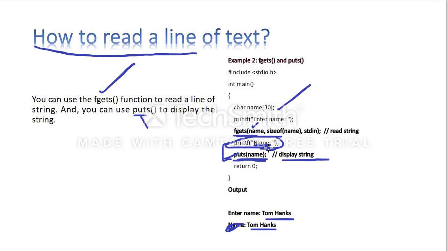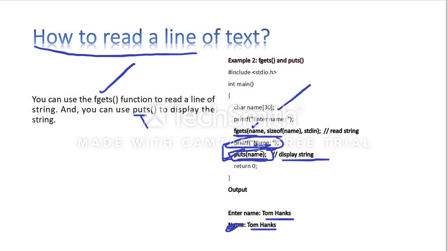Okay, so any statement you print like this with printf within double quotations, it can print only the text, but the string is in the puts, it will print the string here. It is not printing by using printf. I am printing the string by using puts. This is the difference. So if you want to print or display any string in your program, just use puts as the output function. This is the small example for using the gets and puts functions.